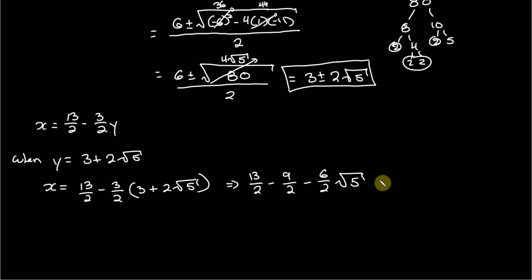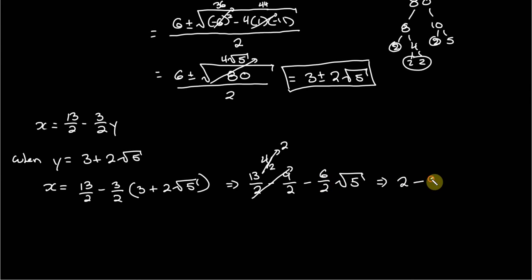And we are almost done here. Getting very, very close now, because 13 minus 9 is 4. So this 13 over 2 minus 9 over 2 is going to simplify to 4 over 2, which simplifies to 2, because 4 divided by 2 is 2. So now we have 2 minus, and 6 over 2 is 3.